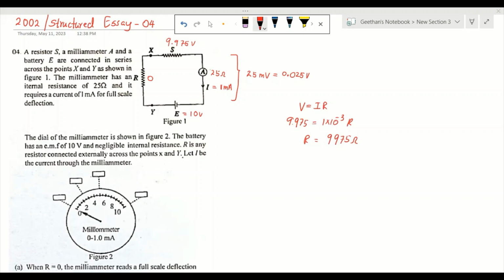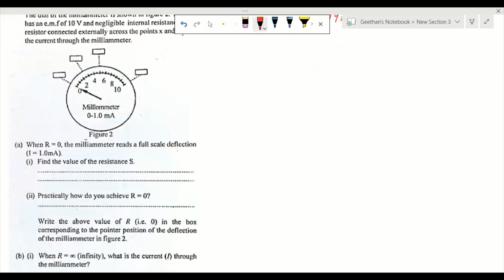You can also do the working in the space that they have given. If you want to do a calculation, you can use that space because they give marks for writing it.